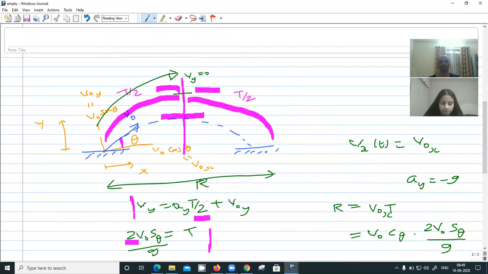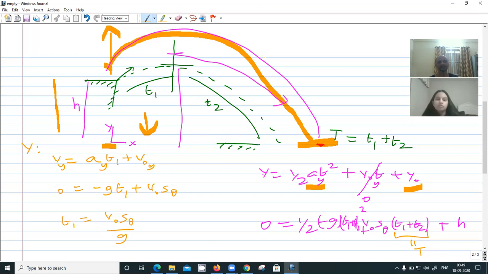So this is asymmetric projection. The first one we did previously was a horizontal launch, where there is no initial y component velocity. This is a symmetric launch, ground to ground, and here it is from a height. Just one more complication. If we look at just this part only, this part is symmetric.